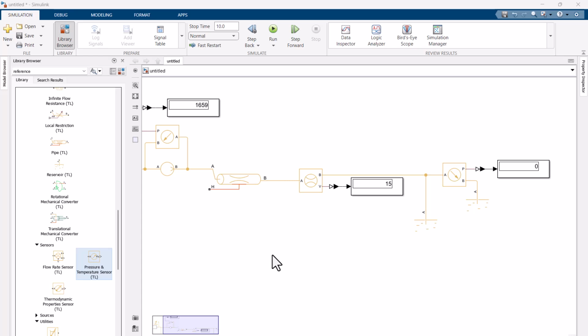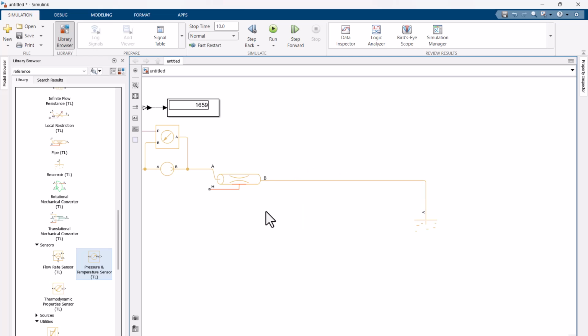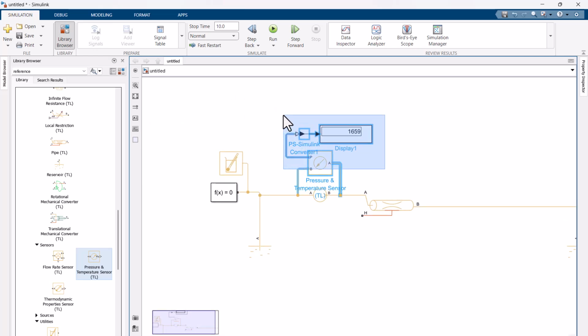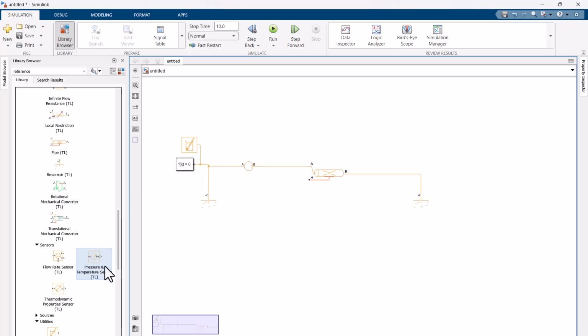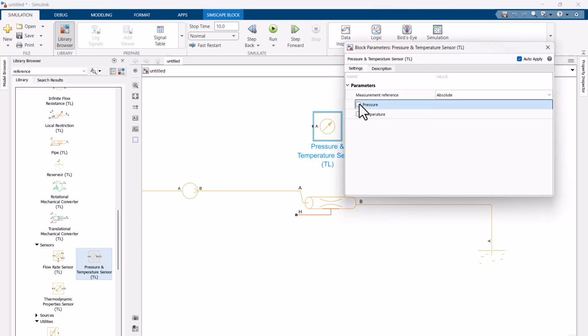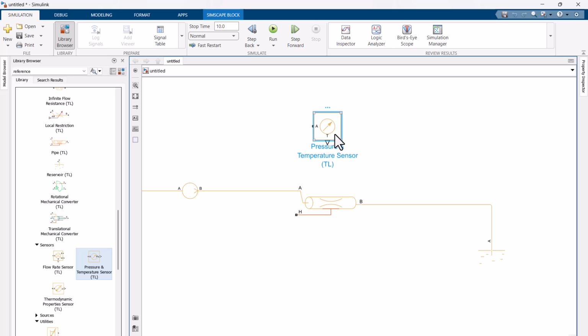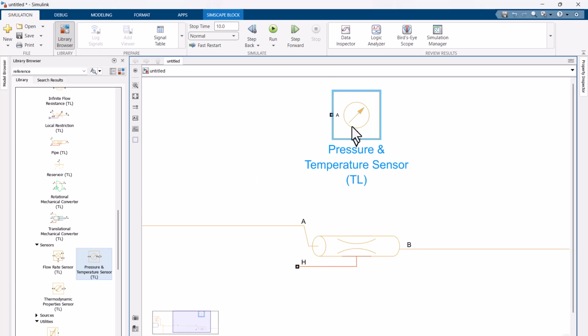Okay, and now I'm going to talk about the temperature sensors. So I'm going to delete some of the blocks to make things easier to understand. And I delete these two. So in the pressure and temperature sensor, I make a copy and I uncheck the pressure and check temperature. Here you have a T port. It is going to display the temperature.